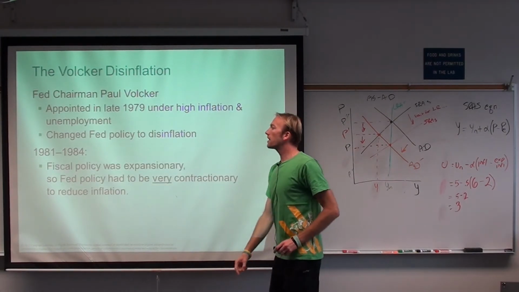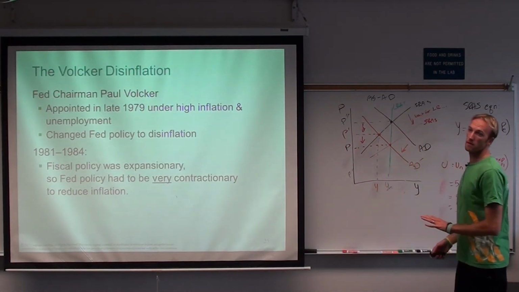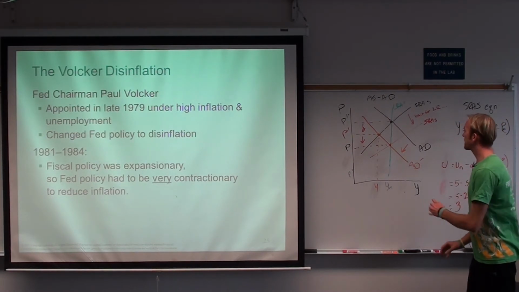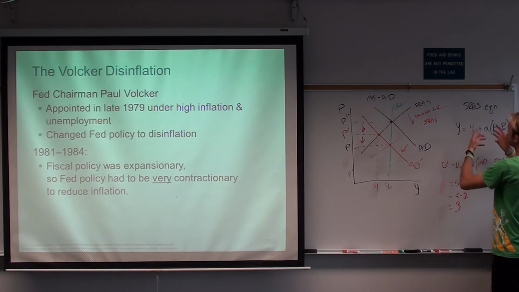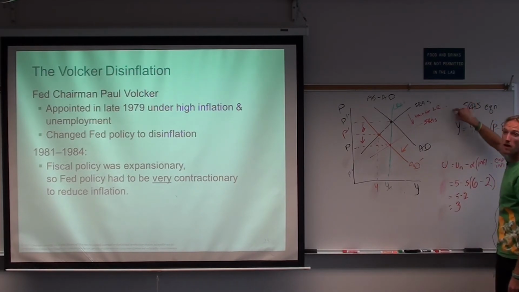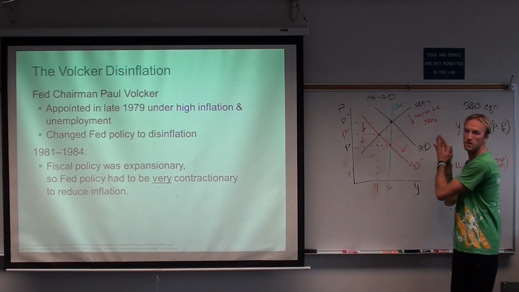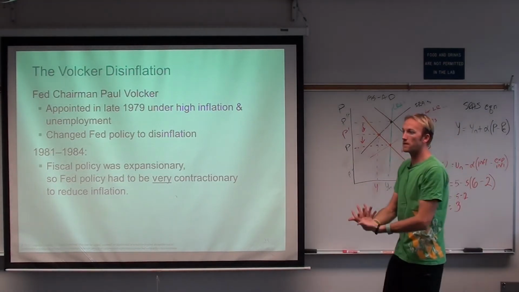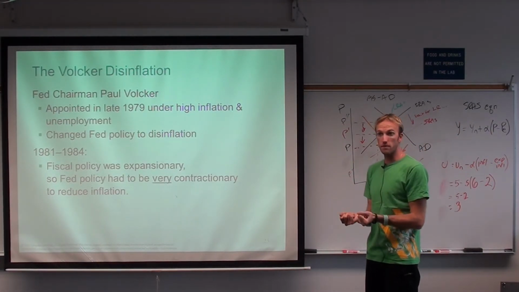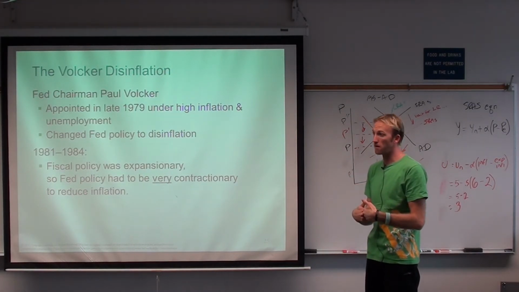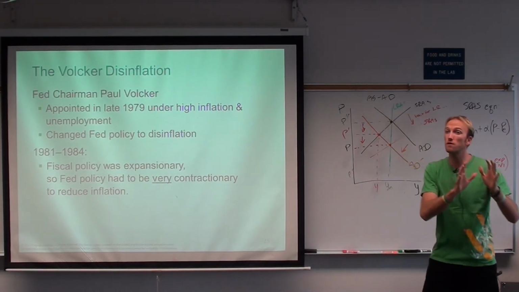Okay? Oh, by the way, there's one other problem, because don't forget that for many years, the government had been pumping the AD curve up. I had this before. Both fiscal and monetary policy were pumping the AD curve up, right? Paul Volcker came into the role for the Federal Reserve, so he could decrease monetary policy, but he had nothing to do with fiscal policy, right?